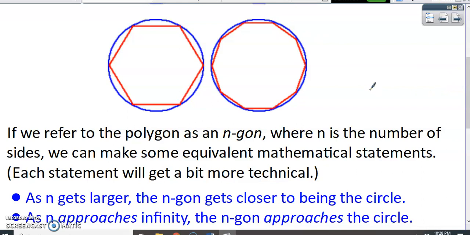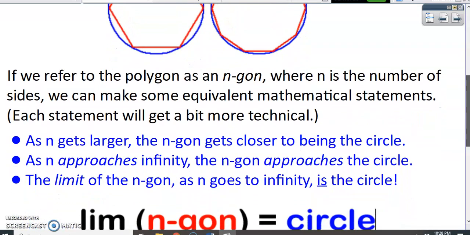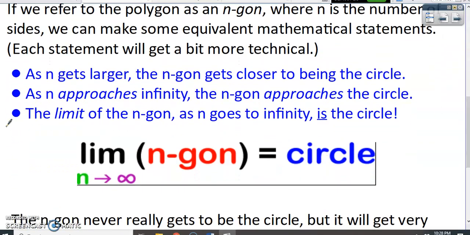And that is the idea with limits. Not what is it actually, but is it close enough? Sometimes it actually is. Sometimes we'll be talking about something that is exact. But as we think about a limit, it's getting closer and closer and closer. So this says, you can see in blue here, as n, the number of sides approaches infinity, the n-gon approaches the circle. The limit of the n-gon as n goes to infinity is the circle.